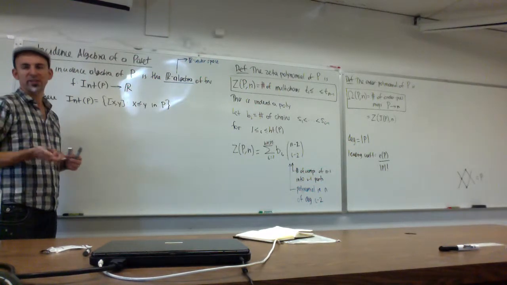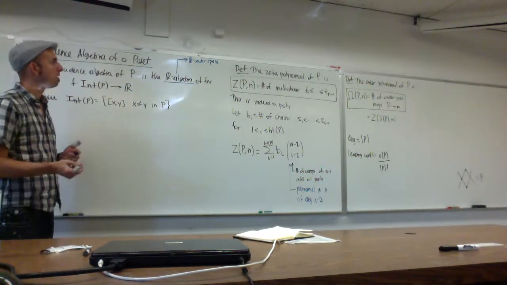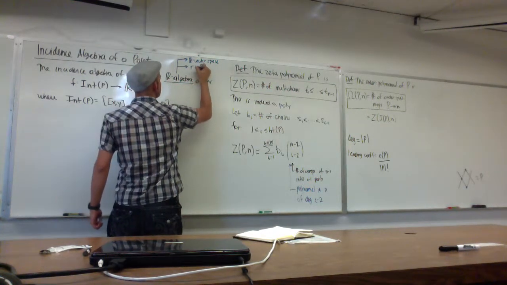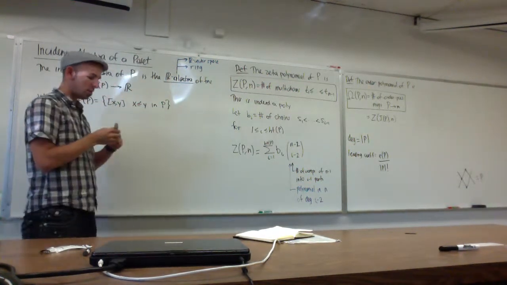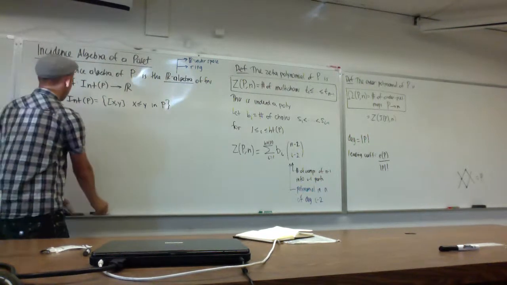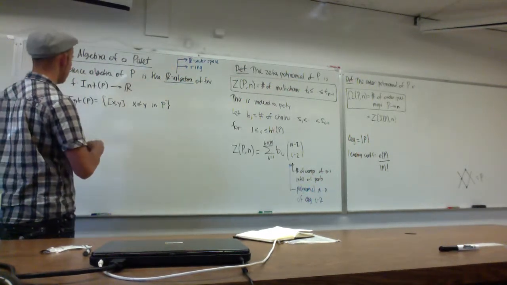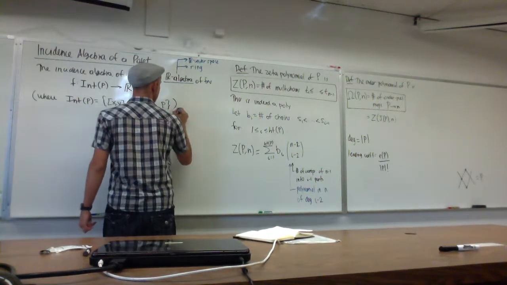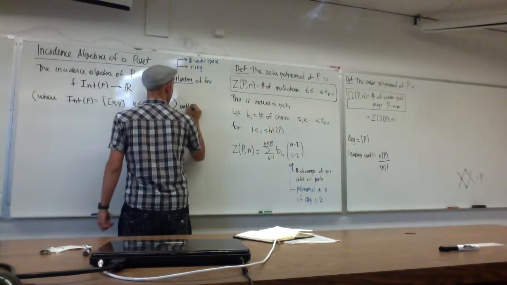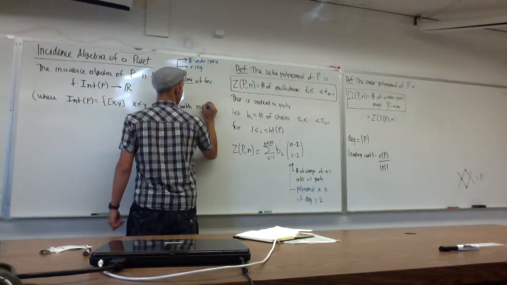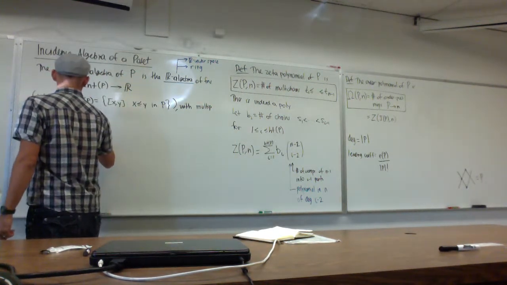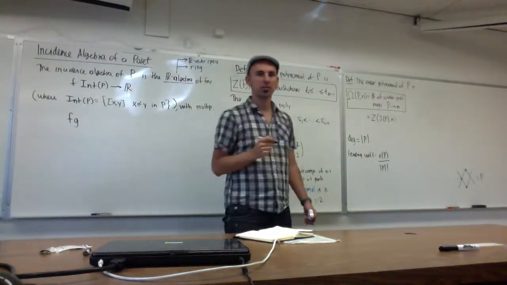And also you can multiply by scalars. But it's also a ring, meaning that you have also a multiplication operation, which I need to tell you what it is. So what's the multiplication of two functions?